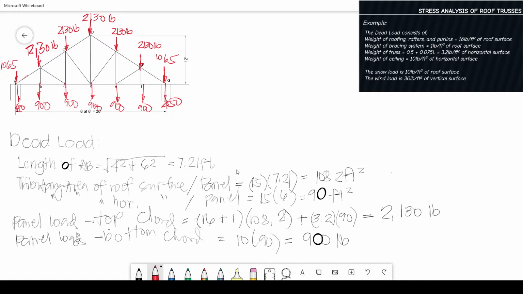Okay? So these are just the same joints, both downward, so we can add them.